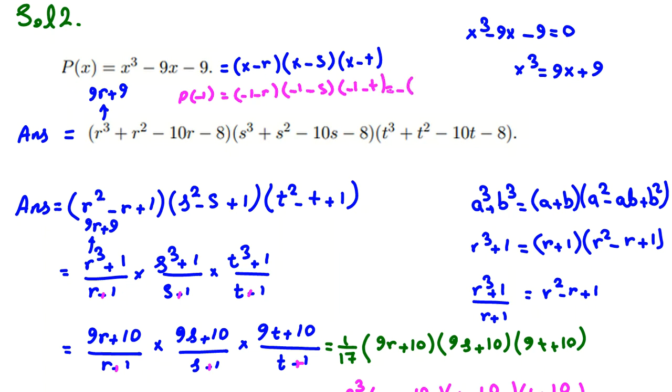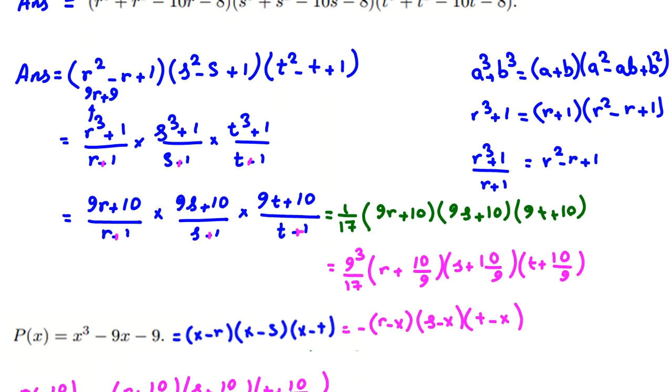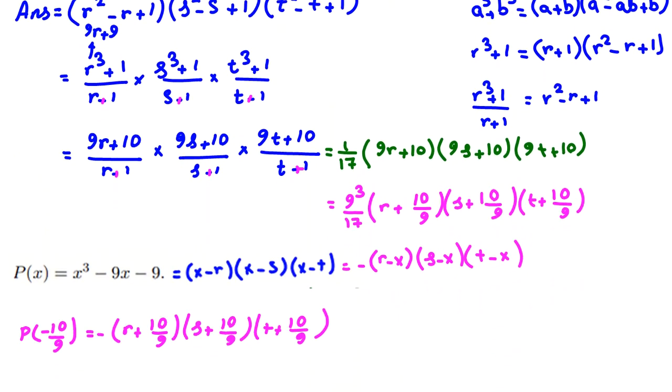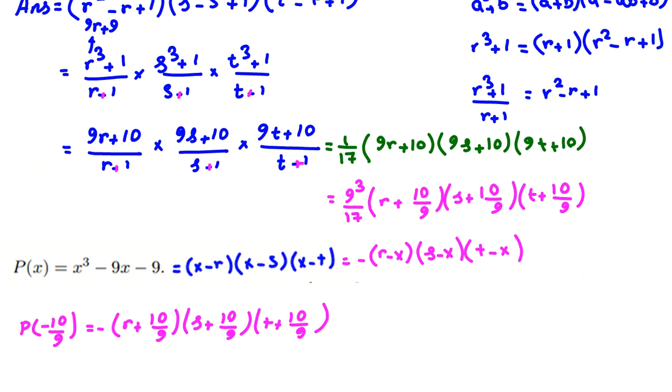Because we have three negatives, it will be negative, 1 plus r, 1 plus s, 1 plus t. If you consider p of negative 1 here, it's negative 1 plus 9 minus 9, which is negative 1. So p of negative 1 is negative 1, so this part is 1. Here the denominator will be 1, so we don't need to calculate the denominator.